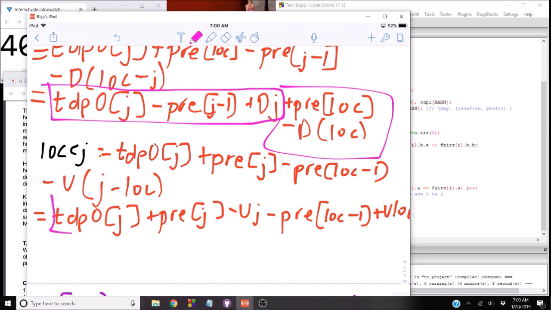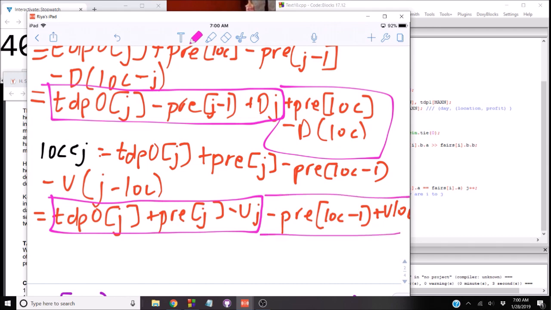Okay, and then the segment tree stores this value here. And then of course this is the second value. Okay, so then I need 4 segment trees, one that stores TDP0[j] minus pre-j minus 1 plus d[j].